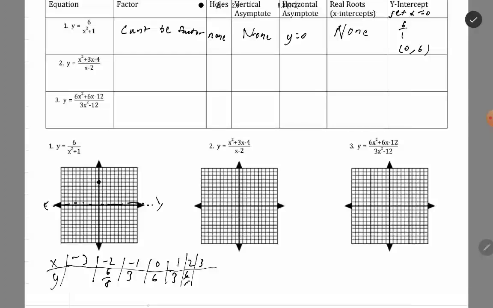So this is actually very symmetrical. 3/5, 3/5. So it's going to do this. (1, 3). (-1, 3). 2, a little bit above 1. And then under 1.